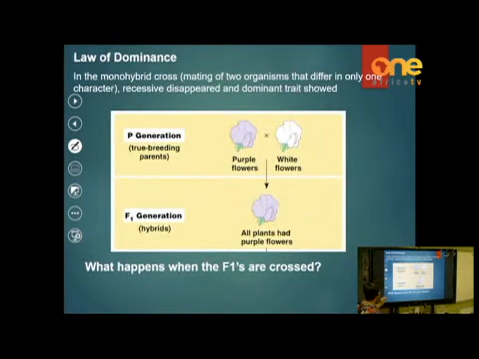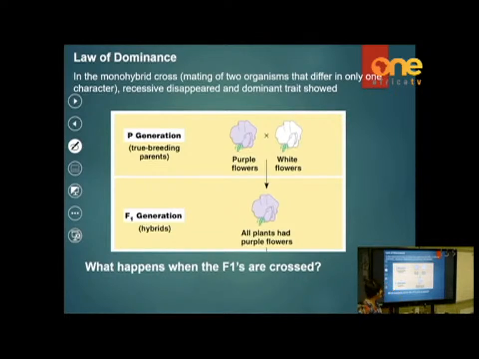So, what happens during this law of dominance? In the monohybrid crossing, mating of two organisms that differ in only one characteristic, that is monohybrid, the recessive disappears in our first generation.